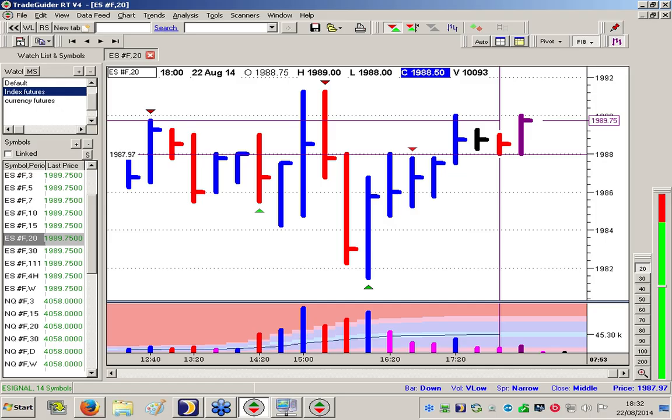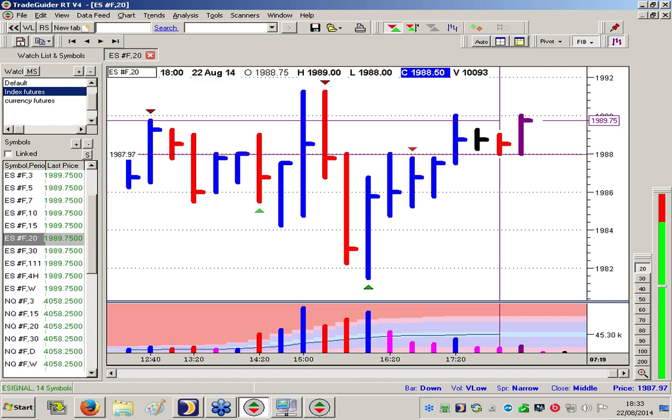It will be what we call fresh low ground. This is an ideal stopping volume. It'll be a narrow spread. It'll close in the middle or high. The volume will be very high, ultra high. Now, you don't jump in and buy on that because you know, right, that they'll want to test that. So normally, true stopping volume, you see 2, 3 bars go up. You might even see an up thrust. You might even see a red arrow. It'll start rolling over a bit.